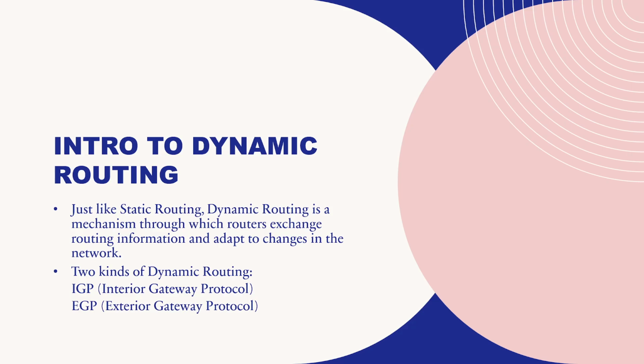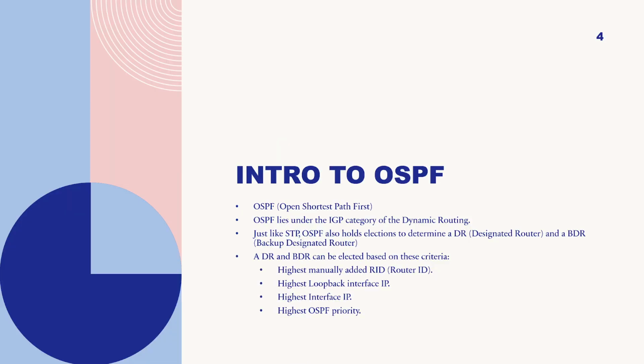In an actual ISP to customer network, we would use BGP, or some sort of EGP, to connect to the ISP to have access to the internet. But today's focus is OSPF, and OSPF lies under the IGP category.